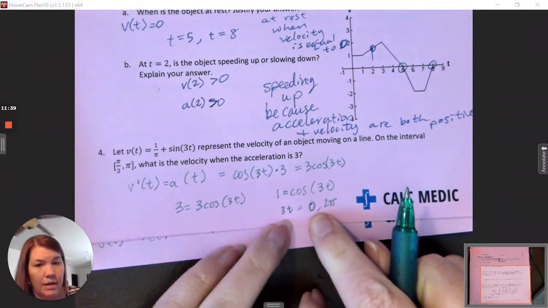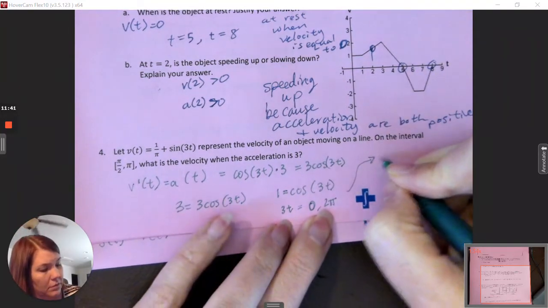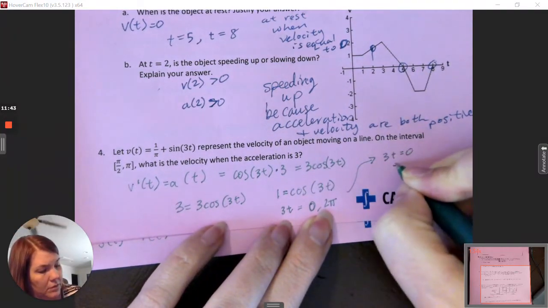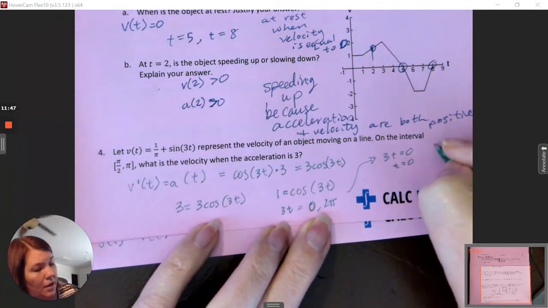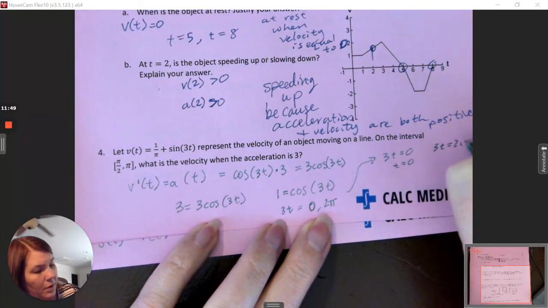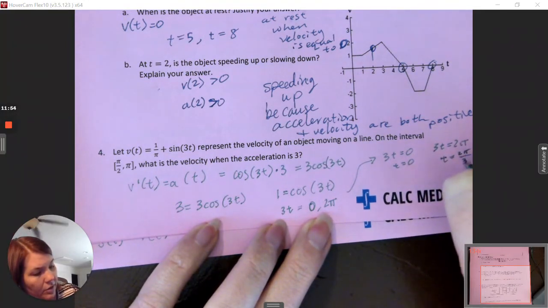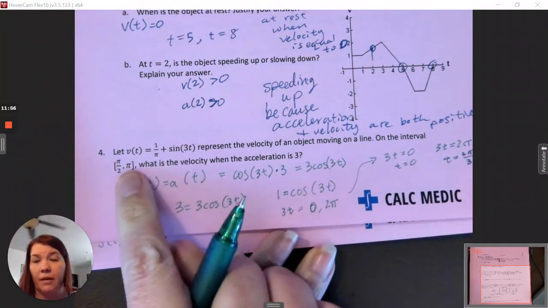So 3t equals 0, so t is 0, and that's not in the interval. And 3t equals 2 pi is t equals 2 pi thirds, and 2 pi thirds is between pi halves and pi.